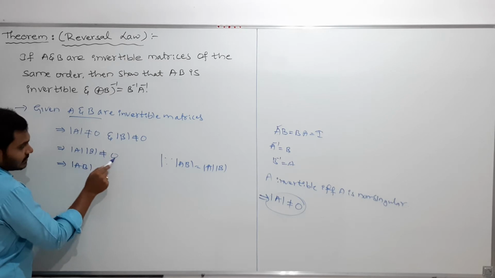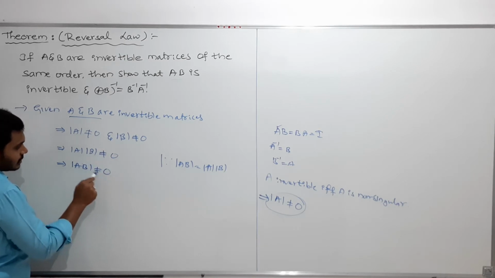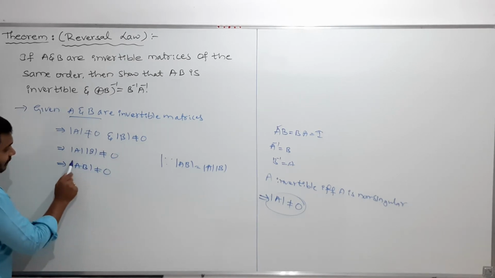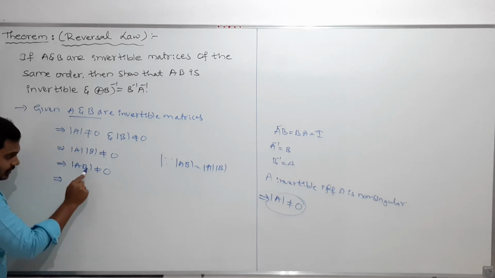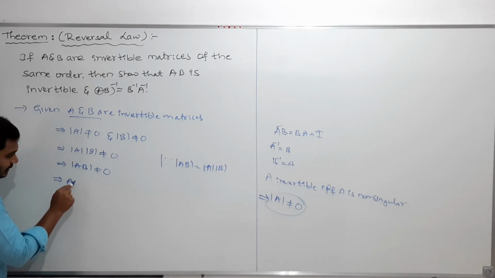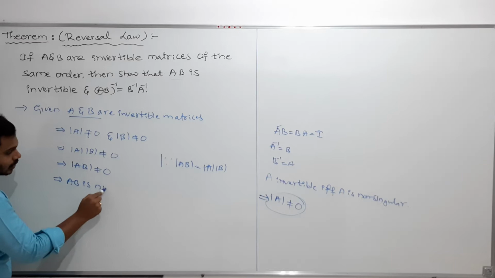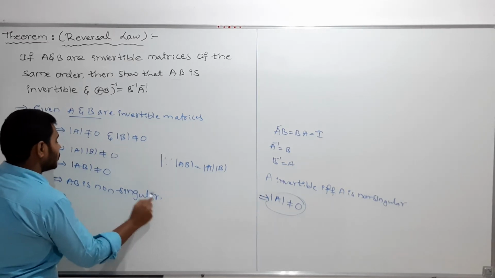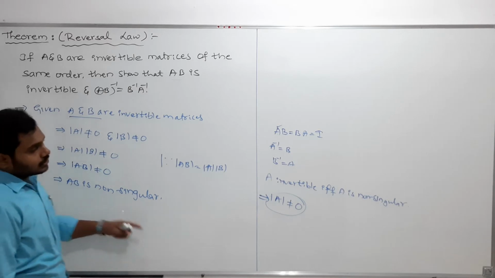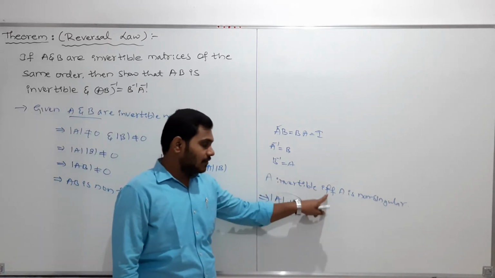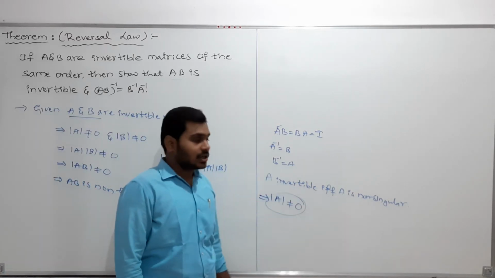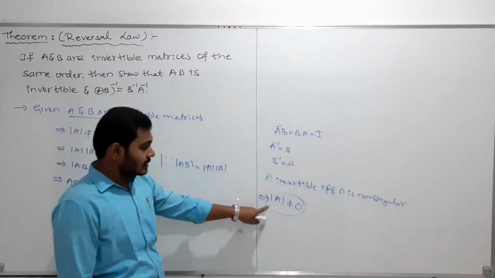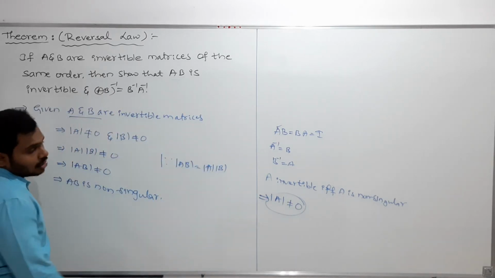So this value is not equal to 0, which means this is also not equal to 0. So if determinant of AB is not equal to 0, can I conclude here that AB is non-singular? AB is non-singular because I told you that A is invertible if and only if A is non-singular. So A is non-singular, and this implies that determinant of A is not equal to 0.